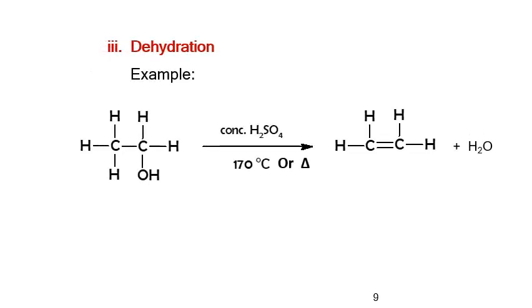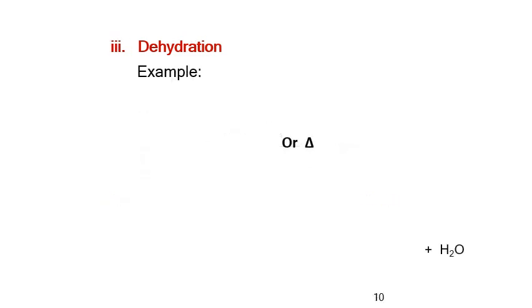Third, dehydration. Dehydration involves the reaction of alcohol and concentrated sulfuric acid, heated at 170 degrees Celsius, to produce the alkene and water.